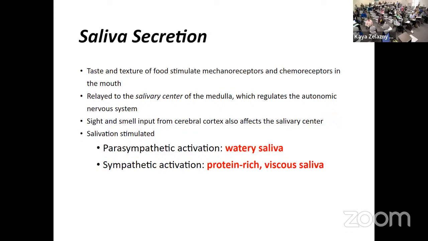When we're thinking about our saliva, it's released by our salivary glands into our mouth. And we know that for our different macromolecules, saliva is one of the places that we're going to begin digesting carbohydrates specifically. We saw that salivary amylase was important to beginning that process of carbohydrate digestion.